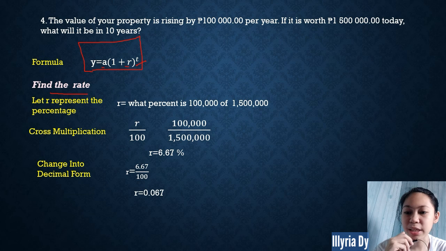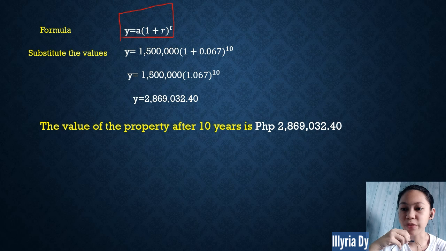Let r represent what percent is 100,000 of 1,500,000. So cross multiply and we will get 6.67%. Now change it to its decimal form and we will get r equals 0.067. Use this formula and then substitute the values.